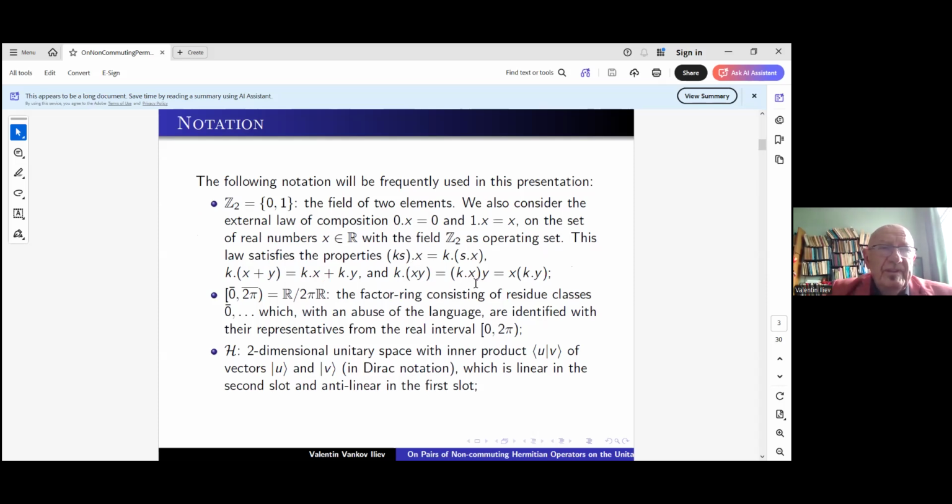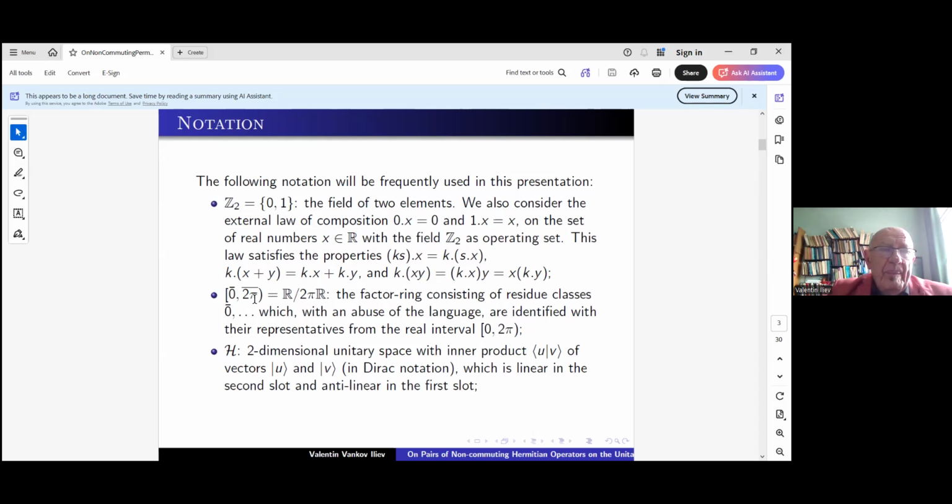This law satisfies those very natural properties, but I would like to underline that R, the set of all real numbers, is not a Z2 module, just because an important property is not satisfied, namely (k plus s) times x is not equal to k times x plus s times x. So R is not a Z2 vector space, in fact. But those properties are satisfied.